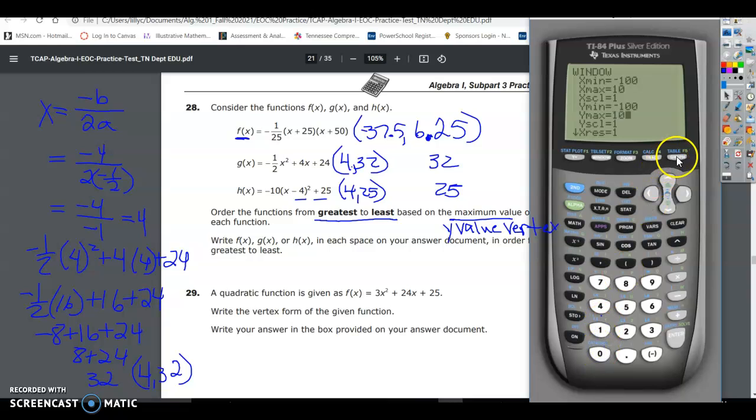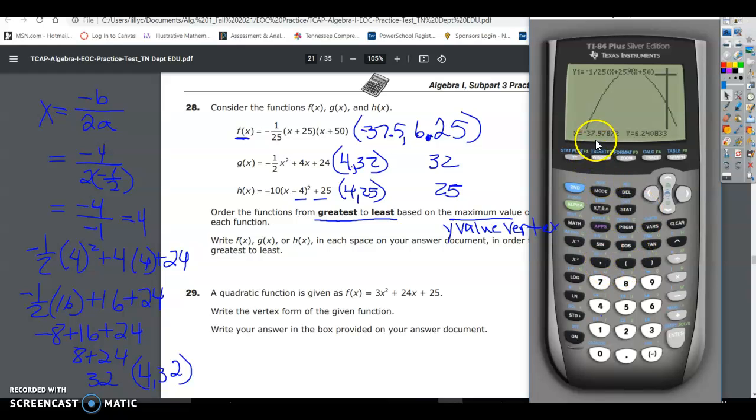What we're trying to do is verify that the vertex here, or the maximum, is about 6.25. So we can see here, if we trace it, we've got to trace it to where our x value is roughly negative 37.